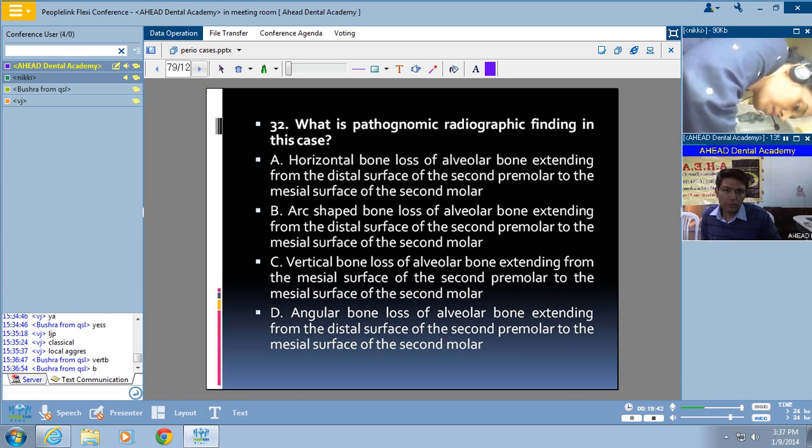So what are the pathognomonic radiographic findings in this case? Horizontal bone loss of alveolar bone extending from the distal surface of the second premolar to the mesial surface of the second molar, or arc-shaped bone loss, or a vertical bone loss, or an angular bone loss.